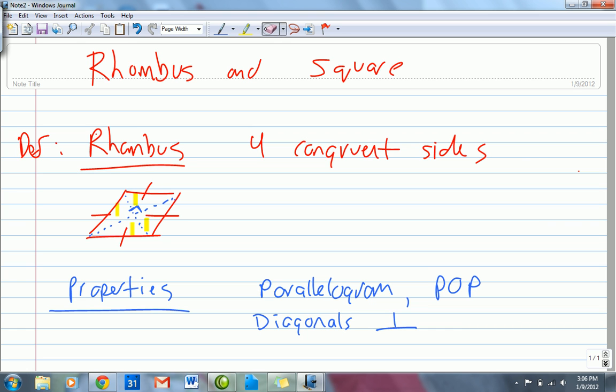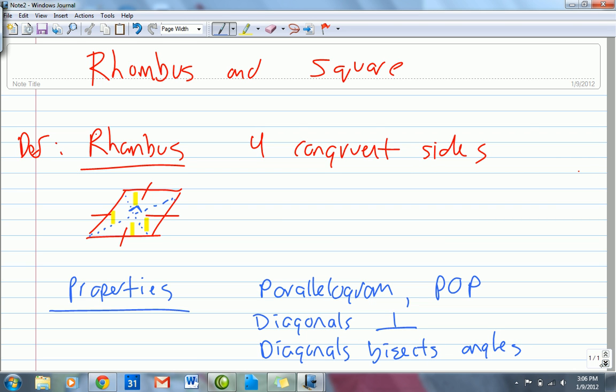Another neat thing that happens in a rhombus regarding the diagonals is, as I already went through here, all of those yellow angles are congruent. So what the diagonals also do is bisect the angles from which they stem. Remember, bisecting an angle means you create two smaller congruent angles.